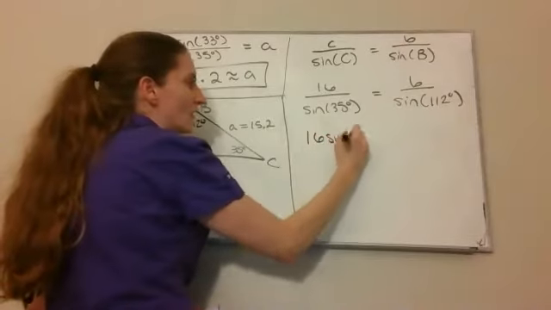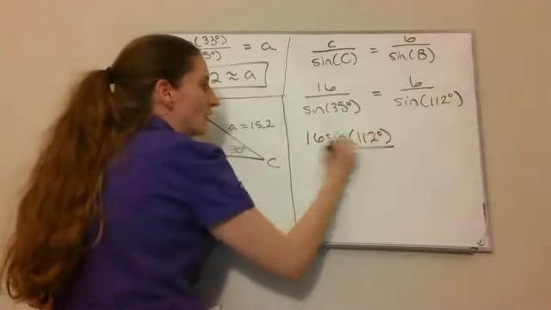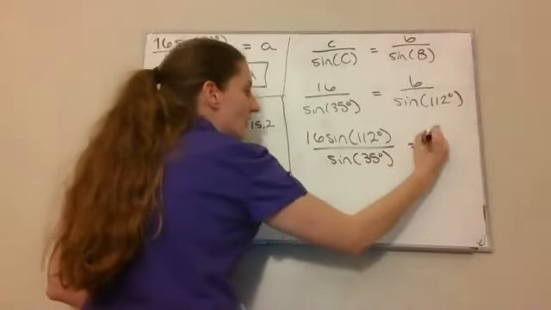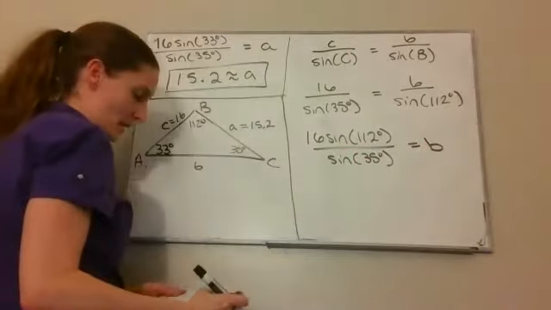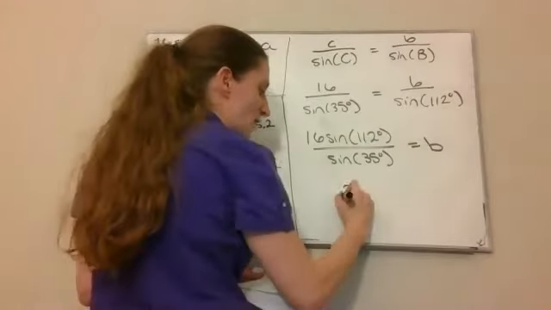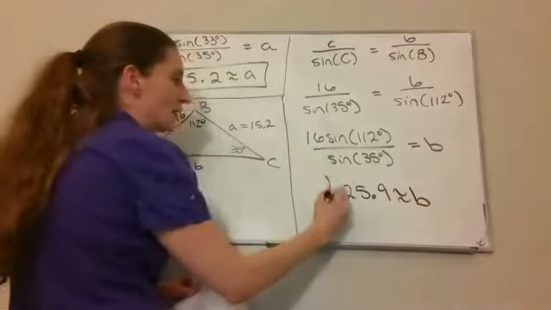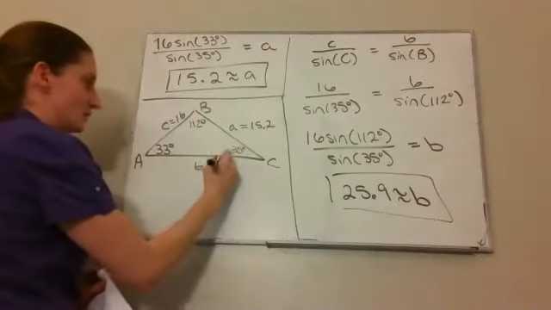So 16 times sine of 112 degrees over sine of 35 degrees is equal to side B. Rounding to one decimal place, I get 25.9 is approximately side B.